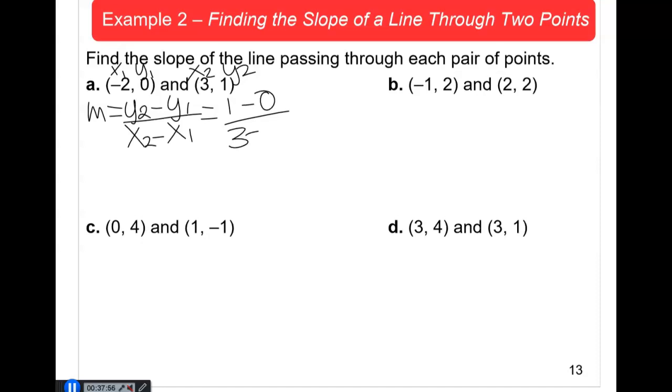3 minus negative 2. Now remember that the formula comes with two negatives. The other negative is coming from the actual value of x sub 2. So once you have negative numbers that you're going to be substituting, you have to be extra careful so that you don't overlook them.